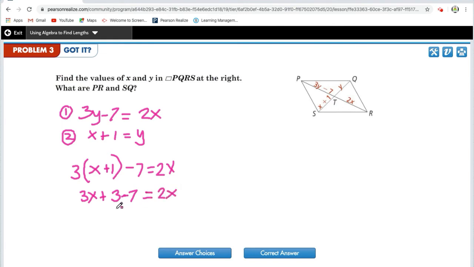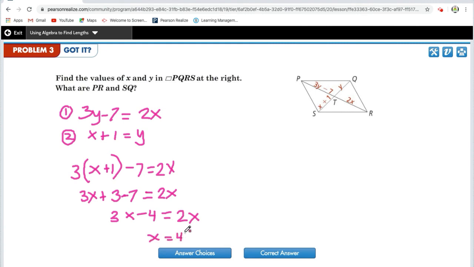Combine like terms. So this is 3x minus 4 equals 2x. Transpose 2x to the other side. So 3x minus 2x will be x. So x is equal to 4.